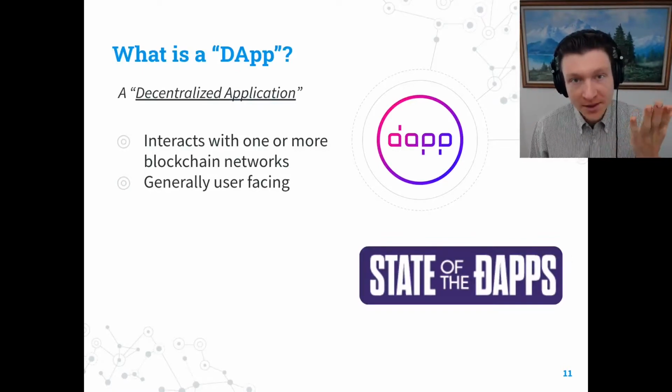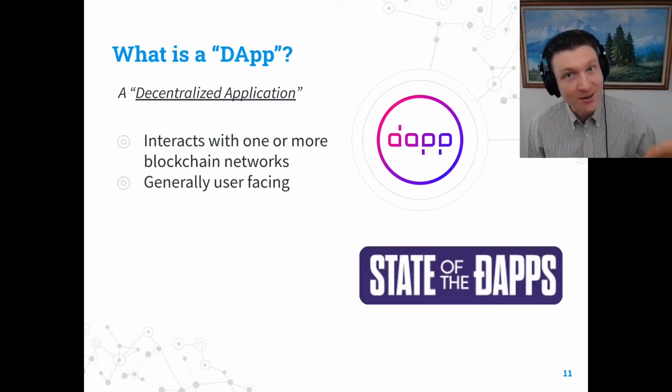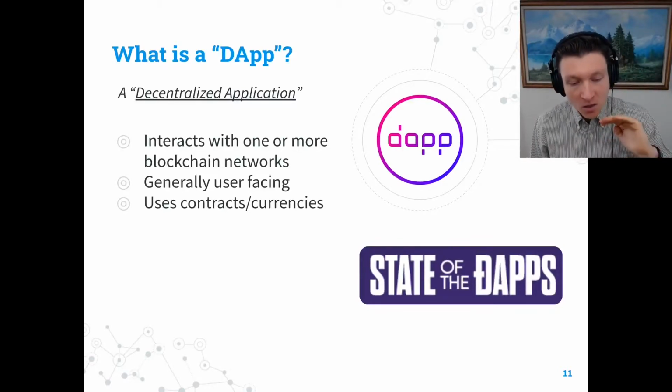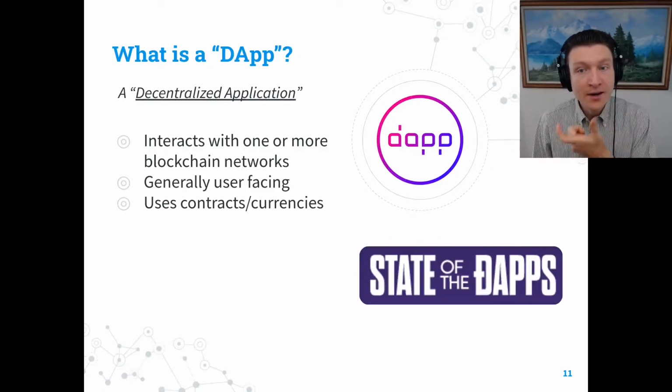So this is something your average Joe might go out and play around with, as opposed to the blockchain technology itself, which might be more developer and engineering focused. And typically these interact with contracts that are already deployed on a network. So the smart contracts that we've developed and then launched, for instance, on Ethereum might be one place, and then we interact with a user-facing application there. So that's a DApp.